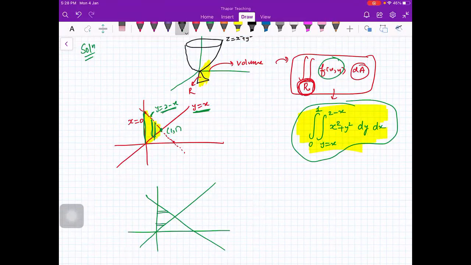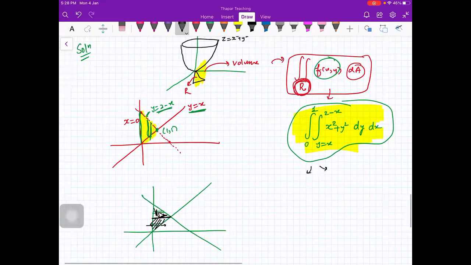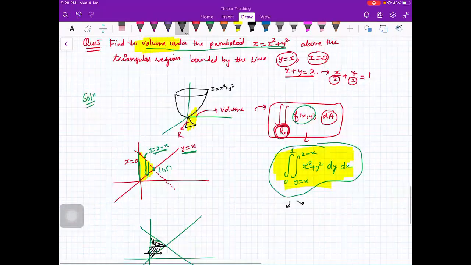Then you have to break your region into two parts, because the entry and exit point for this region is the same, and for this region it is different. In that case, you have to break your integral into two parts. So in this question it is easier if you take a vertical line. Is this thing clear to everybody? Question number 5, is this thing clear beta?